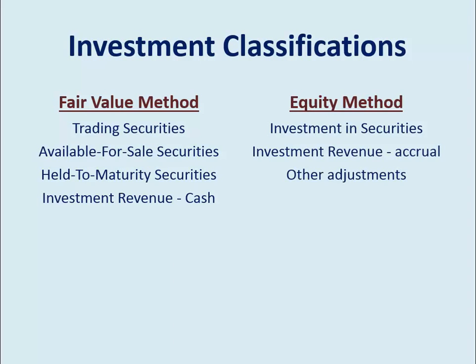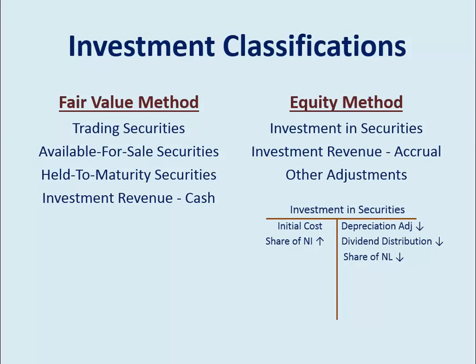The various things that you would focus on using the equity method are a little different than using the fair value method. You're not doing fair value adjustments. You're adjusting for different things. You're adjusting your investment account. So looking at the initial cost, of course, this is an asset. You would debit it. When the company earns net income, if you have significant influence, you're going to know this right away.